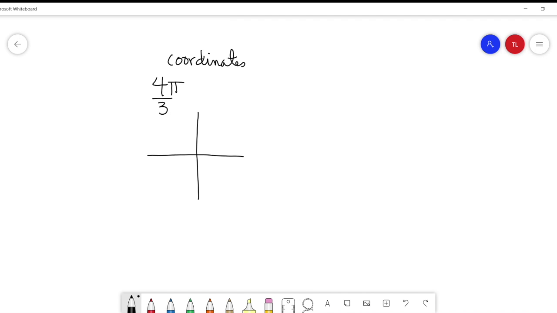Third quadrant. Y'all get that? Put a dot. Now join that dot to the center. How long is that line? 1. Use that as your radius and draw a circle. Now, at the dot, that's 4 pi over 3. Now I want to know what is it as my reference angle.